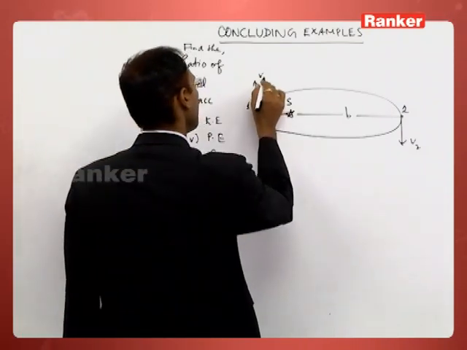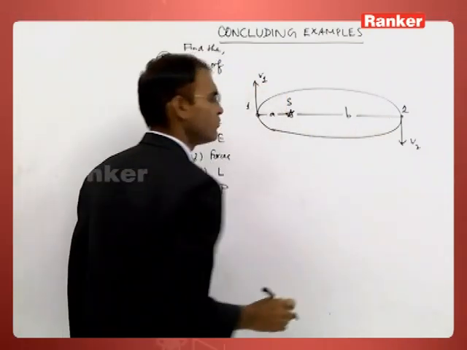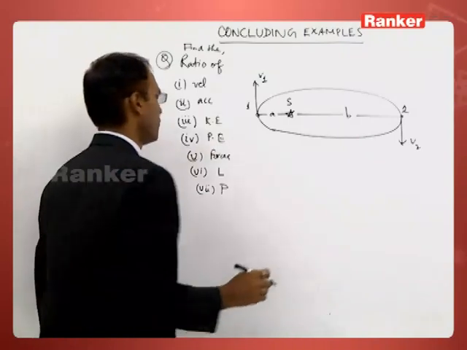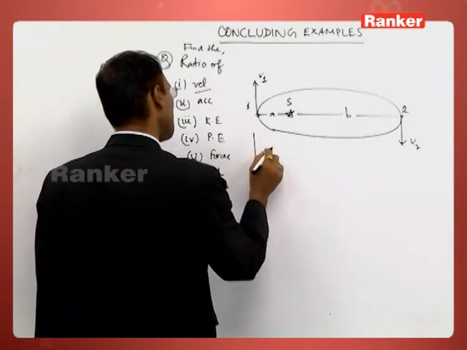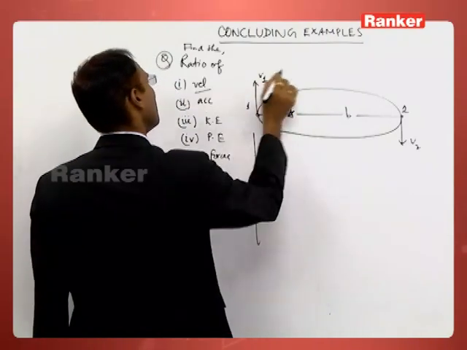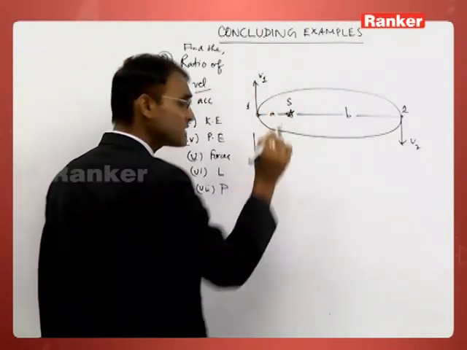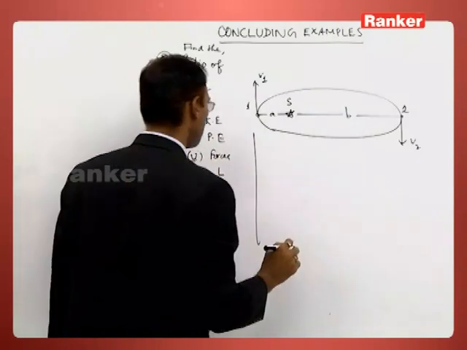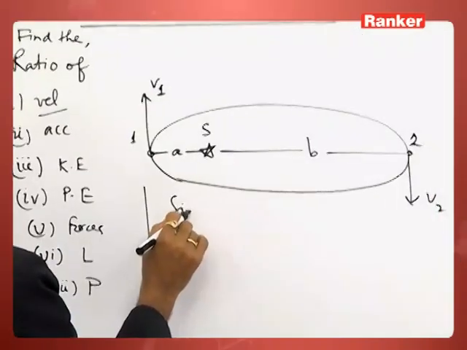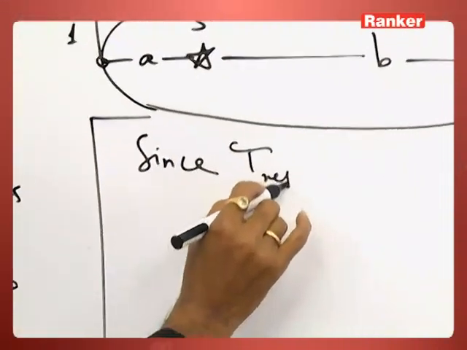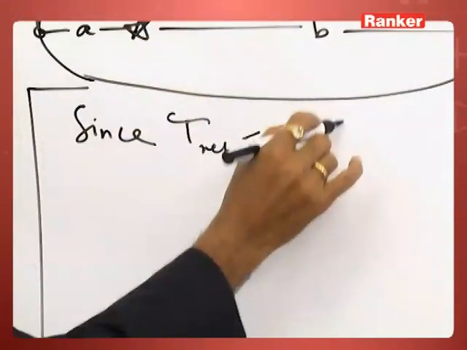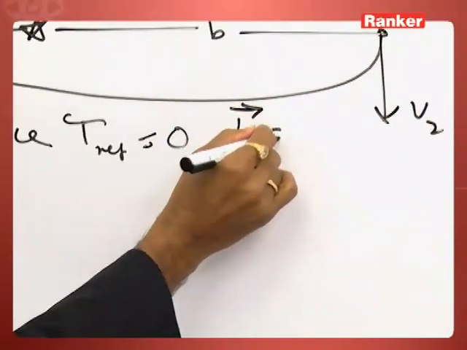Let us assume that here the velocity is v1, here velocity is v2. Ratio of the velocities. The starting point is based upon the conservation of angular momentum principle. Since net torque is 0 as I explained, angular momentum of the planet can be conserved.